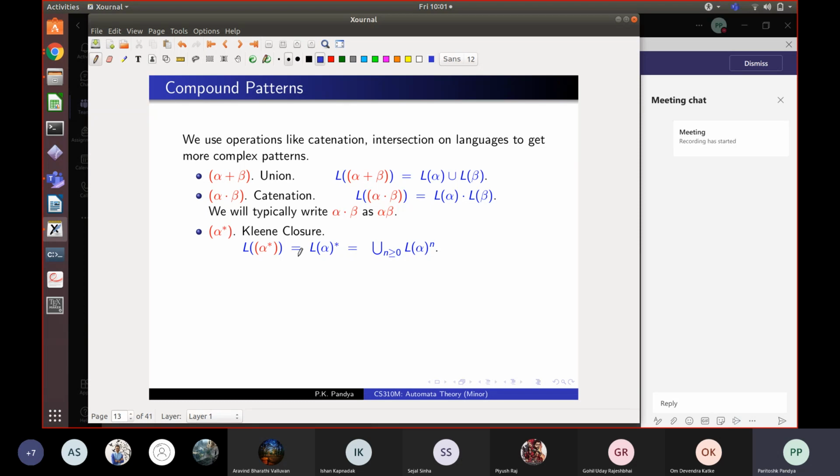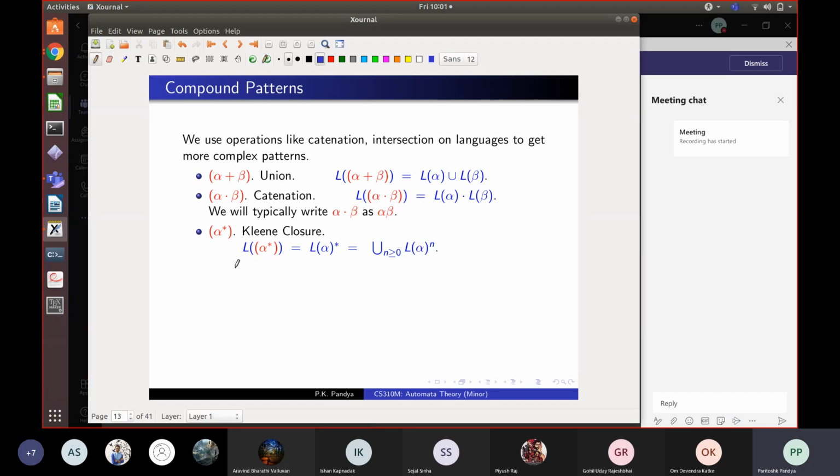One is in the world of expressions, and the other is in the world of operations on languages, and star is the notation for it. Okay. And then once we know what this means, we will drop the colors, because we will be clear about it: when we are talking about expressions, we are talking about symbols. When we are talking about the language denoted by the expression, we are talking about the corresponding operation on the language. Right? So Kleene closure.